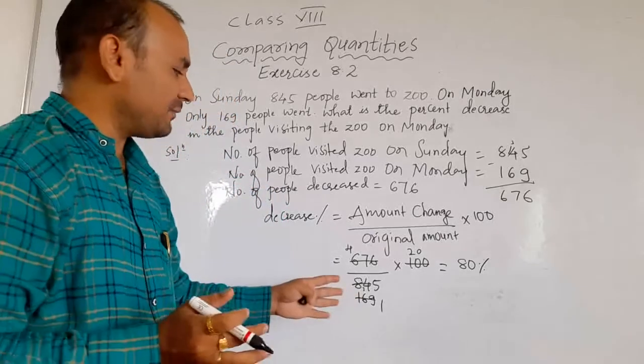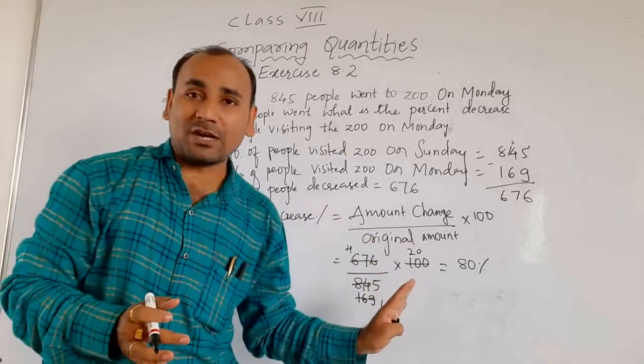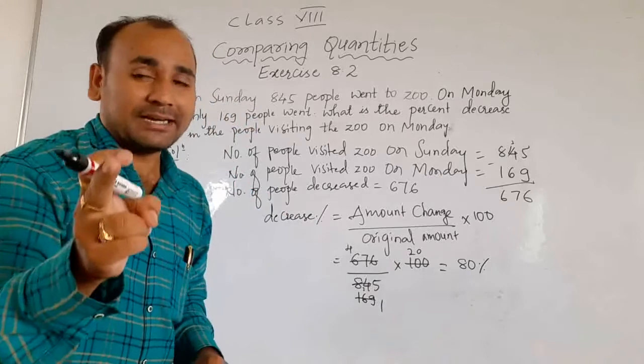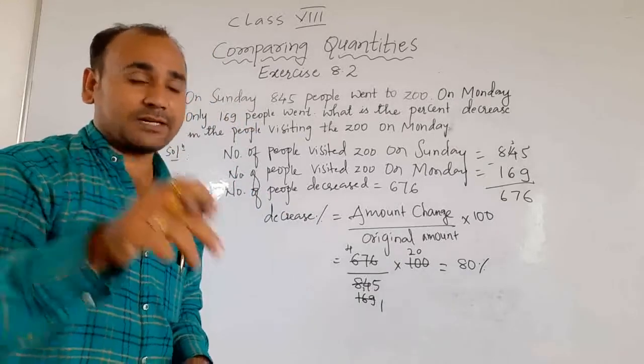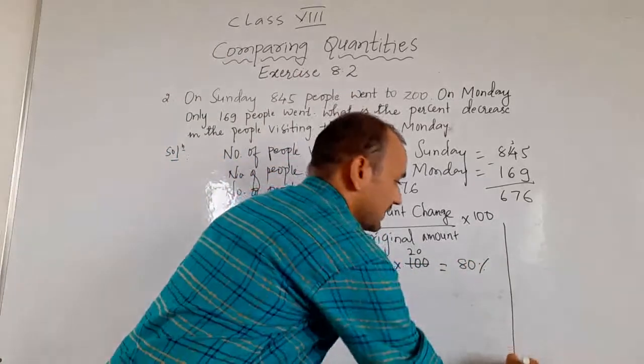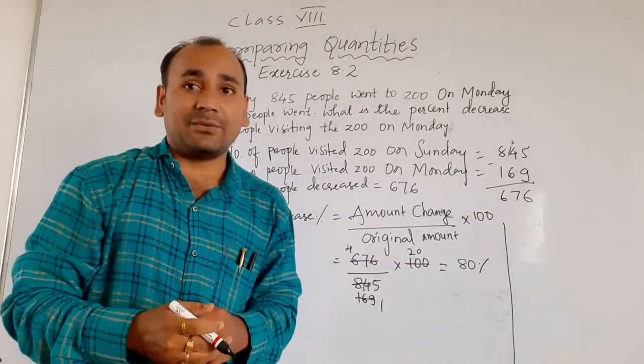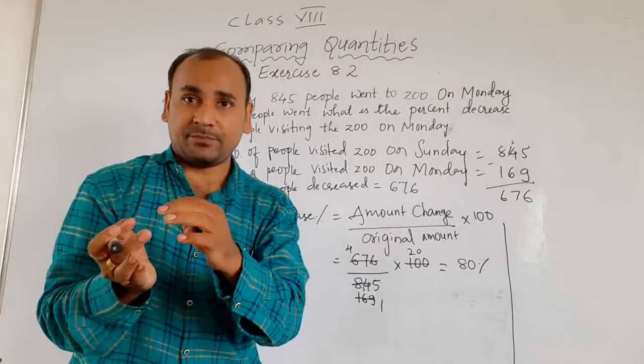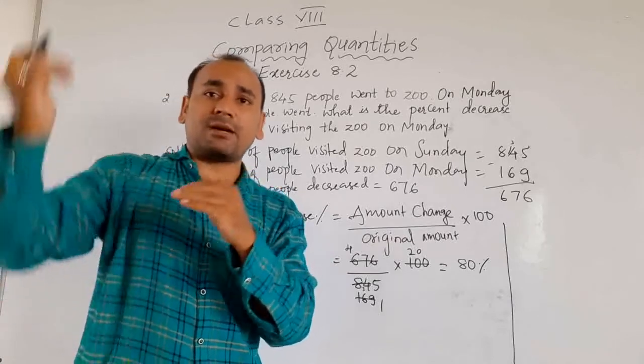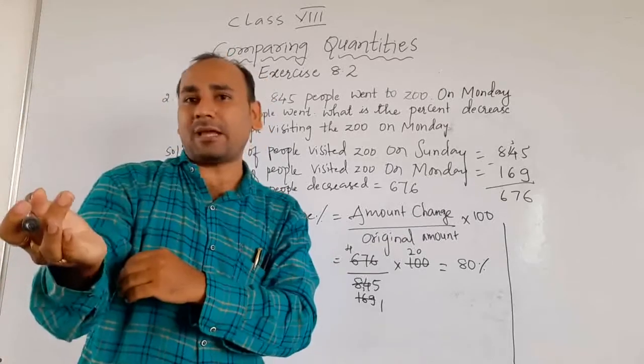How can we identify this? As I said, without the formula also we can do it by the percentage method. Previously I told you how to identify percentage. You take the example of your class marks: total marks you take in the denominator, marks secured in the numerator, then multiply by 100.